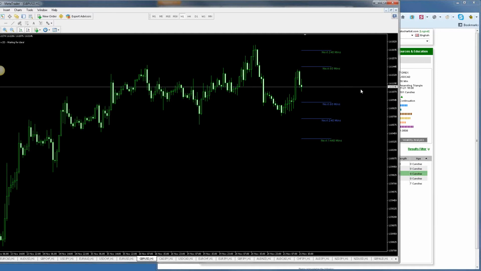But I actually use this with regards to my support and resistance levels, because support and resistance levels in trading, to me, are the most important thing about trading. If you understand support and resistance, then you understand how price reacts to certain levels, and you understand that you can't necessarily take a trade if you've got a lot of support and resistance levels right in front of you.